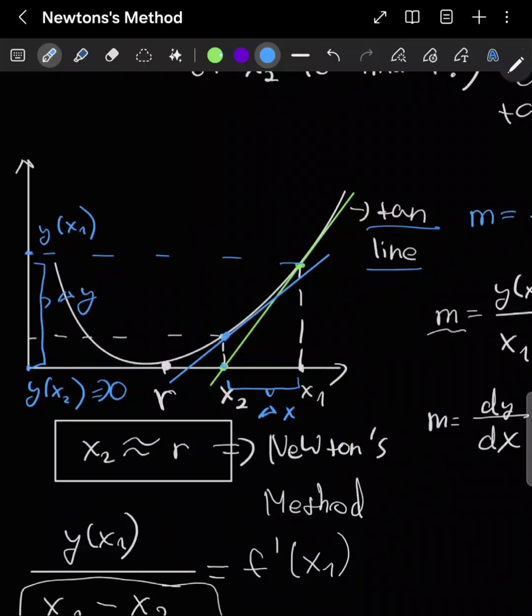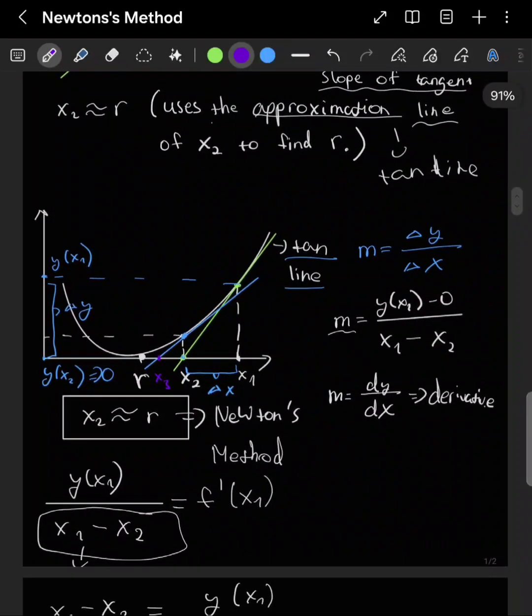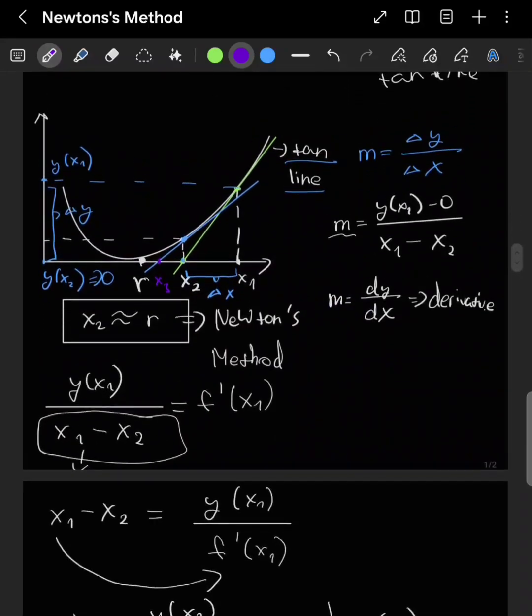If you look at this x-intersection, it is closer to r, right? Let's call this x3. So it is closer to r. The more we approximate, the more we draw a tangent line, the more precise it's going to be. So that is the meaning of Newton's method, and see ya.